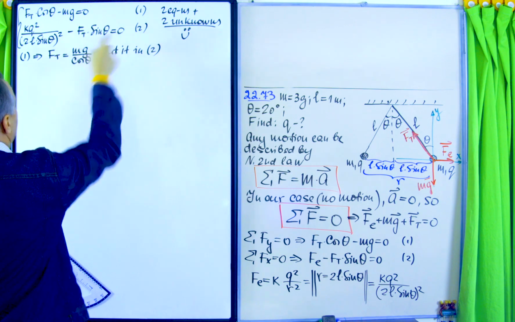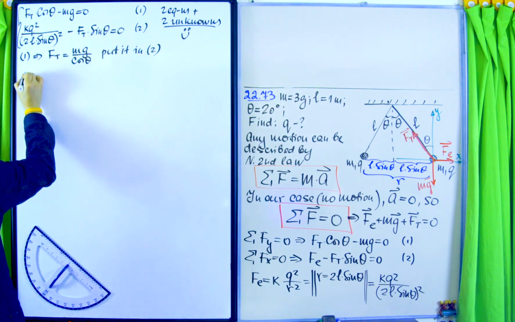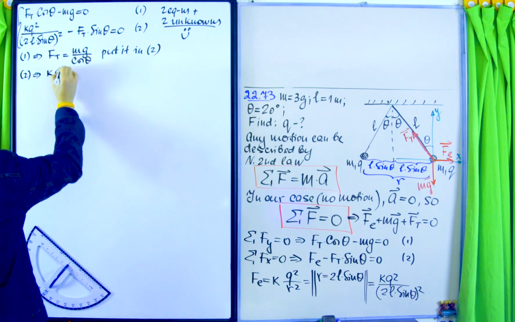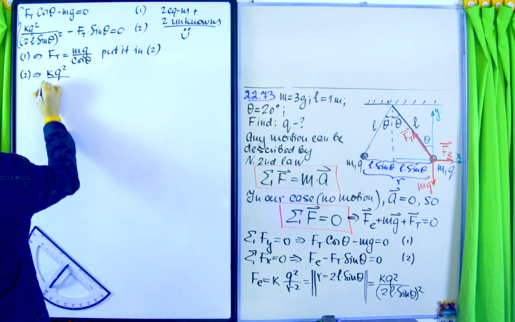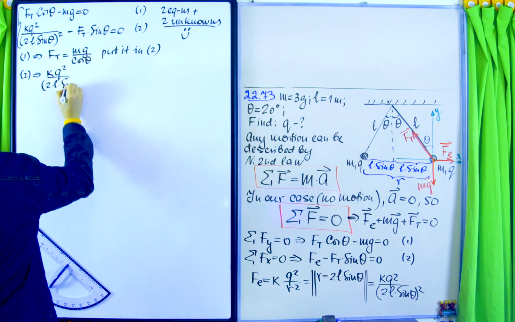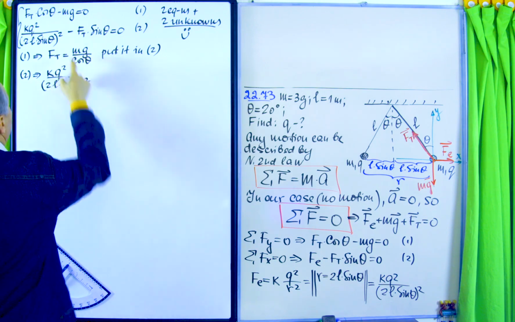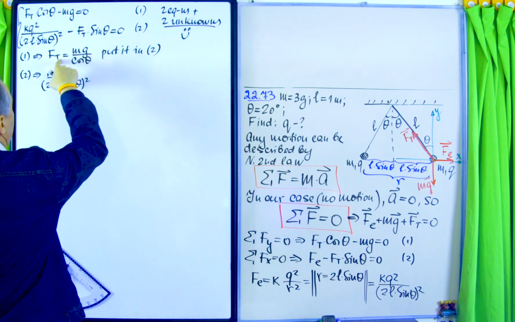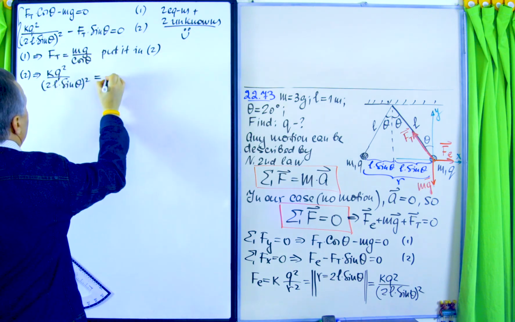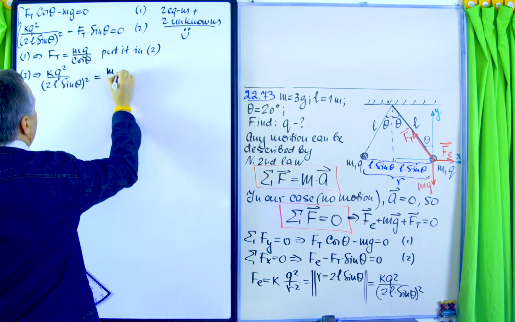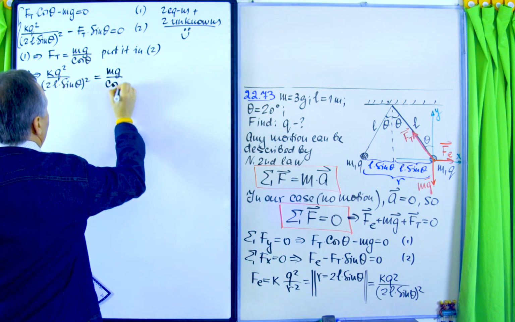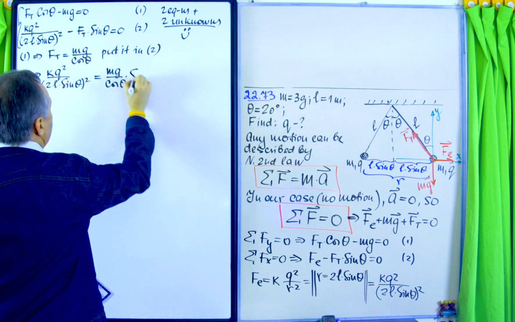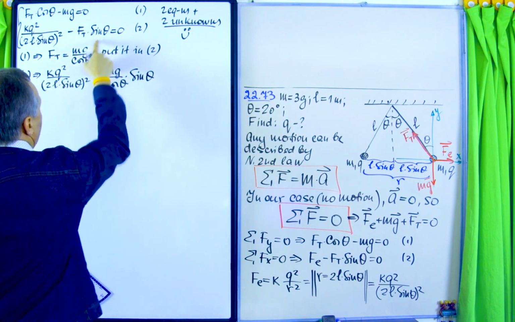So from the second equation, it will be kq squared divided by 2l sine theta squared, I'm just rewriting this. And this term, as I said, I will move to this side with plus, and I will use Ft. So it will be equal to mg divided by cosine theta, now times sine theta.